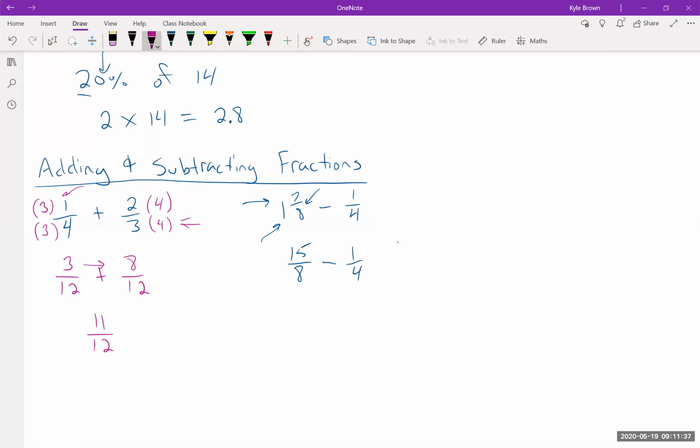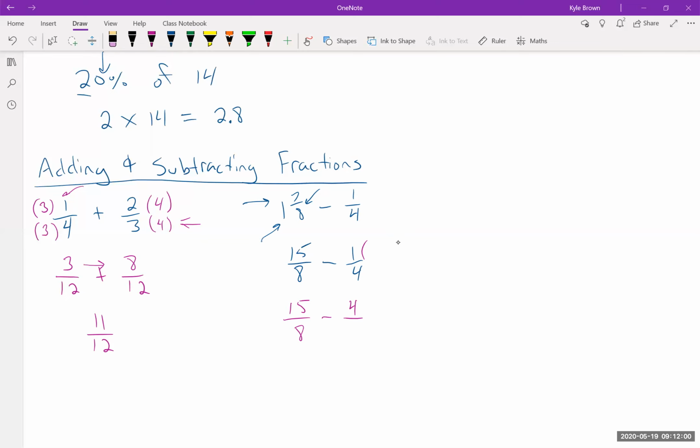Okay, so for a common denominator here, I'm going to pick 8 itself. I don't need to go any higher than 8 because 4 goes into 8. So I'm going to multiply the bottom by 4 and the top by 4. So we're going to have 15 over 8 minus 4 over 8. Oh, what am I doing, guys?